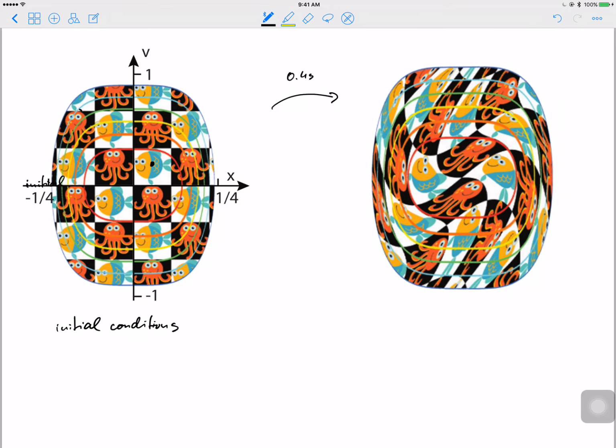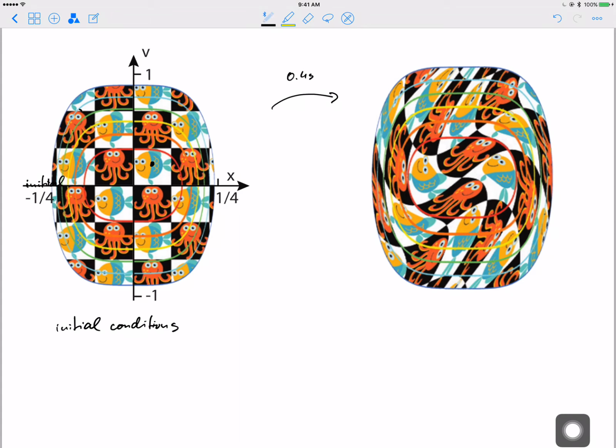Exactly. The way you compute a really accurate solution is by taking a tiny time step. If I need to simulate 0.4 seconds, just as Jing said, we took a really tiny time step and ran hundreds or thousands of them, or even more with smaller ones. If you do this, you get a pretty accurate solution.